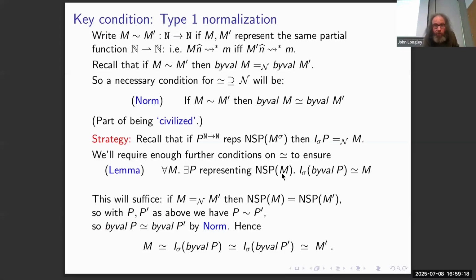If we can show, so remember that the job an interpreter did was this: if P represents M, then the interpreter applied to P is equivalent to M. So if we can give enough conditions to ensure that our interpreter applied to a suitable representative of the NSP for M is equivalent to M, then it follows by this easy argument down here, which we won't talk through, that if two terms have the same NSP, then there will be observational equivalence in this sense.